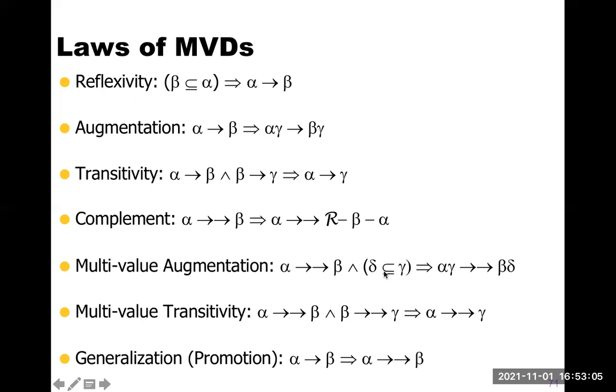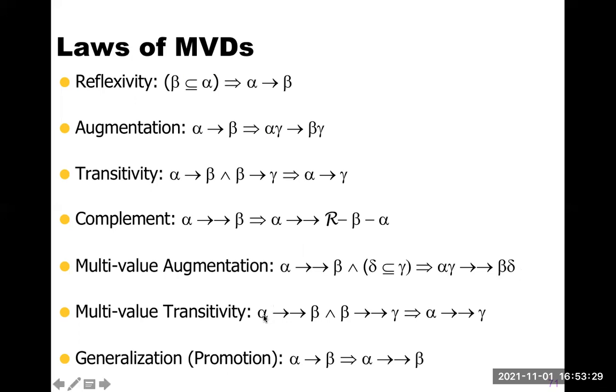If I have delta being a subset of gamma, then I may add gamma to the left side and delta to the right side. For functional dependencies, that's not provable. But for multi-value dependencies, that's correct. So I may add more fields to the left than to the right, and that still holds.